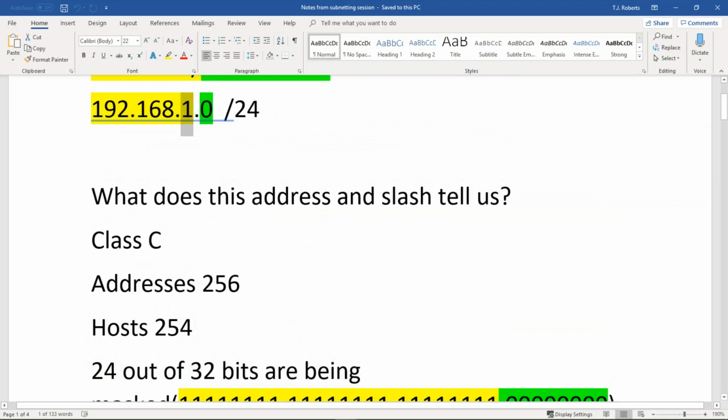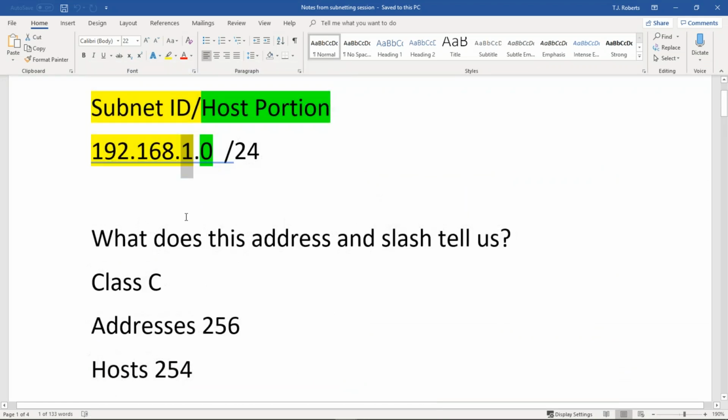It's also a good way to determine, if someone tells you that you have a class C, let's say you have a typical class C address here. There's a question asking you about a valid address on that network. You should know that this shouldn't be any different if it's class C, because in a class C, the first three octets are always going to be the same.